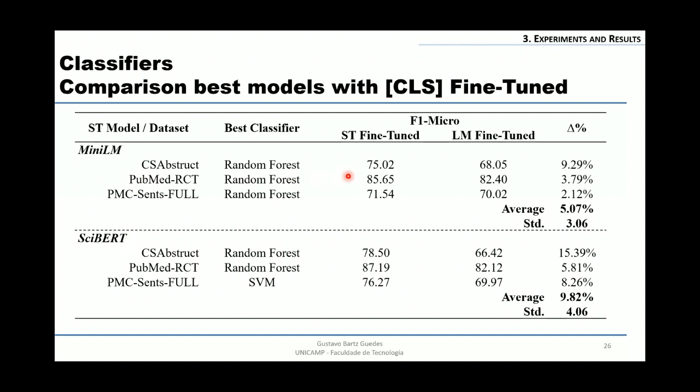Comparing these two, we see that our fine-tuned models, meaning that if you take the sentence transformer model and train it with contrastive learning, have a better performance than training it directly as a sentence classifier, and it has a better performance than all the fine-tuned models here.